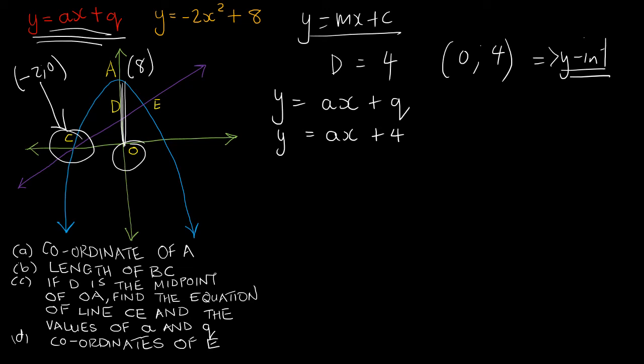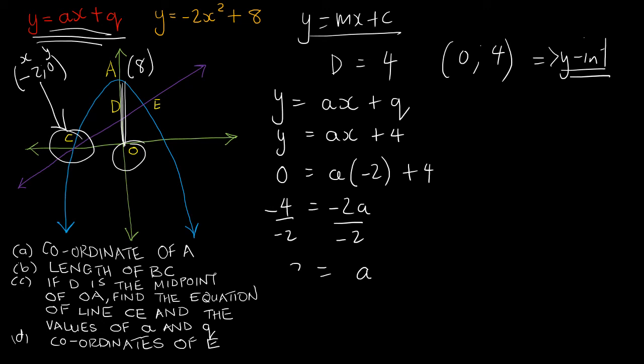So let's substitute. There's my x, there's my y. So we have 0 is equal to a into minus 2 plus 4. So let's solve for a. So we have minus 4 is equal to minus 2a. Divide both sides by minus 2, and the answer will be 2.